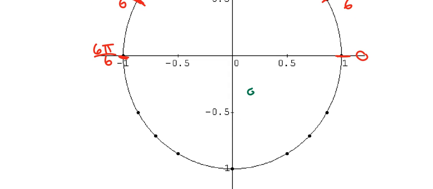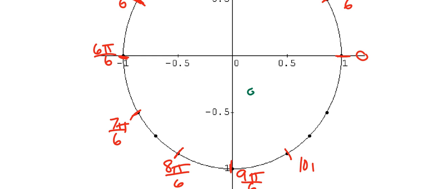Now we'll go to the bottom half of the circle. 7 pi over 6. 8 pi over 6. 9 pi over 6. 10 pi over 6. 11 pi over 6. What should we be ending with? 12 pi over 6.